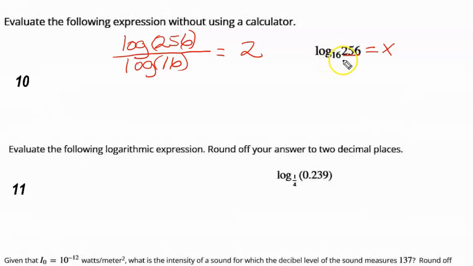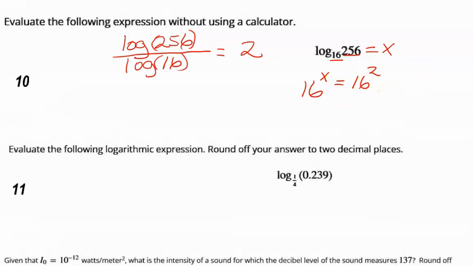So again, putting this in exponential form, it's 16 to the x power equals 16 squared. Again, reviewing some older techniques that we had. Now you might have seen this. You wouldn't need a calculator if you remembered that 256 is 16 squared.